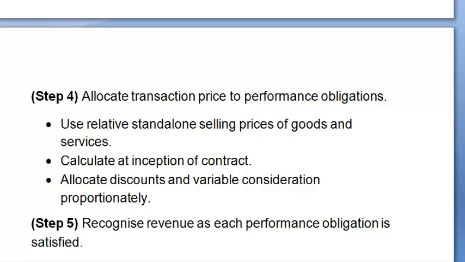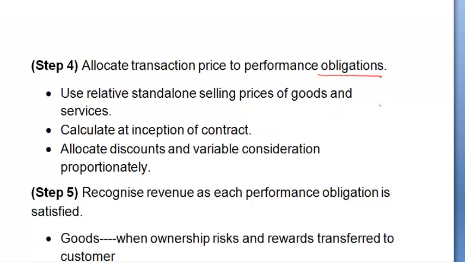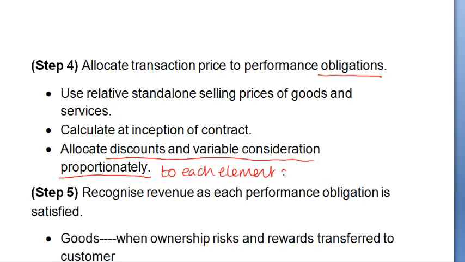Then we allocate the price to the obligations. And I'm going to combine steps 4 and 5. And we should allocate discounts on a proportionate basis to each element of the obligation.